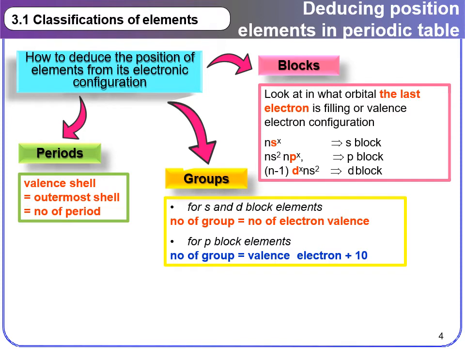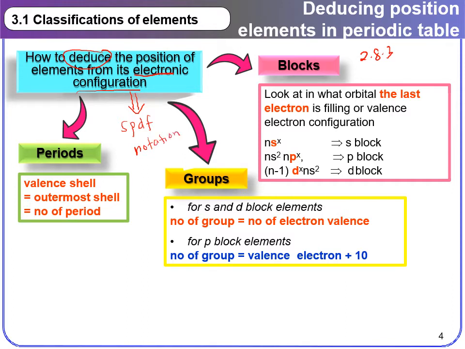Now, let's continue with how to deduce the position of an element from its electronic configuration. I believe you answered this kind of question during your SPM time, but last time your electronic configuration was in the form 2.8.3, for example. But here the electronic configuration given in the question is always in the spdf notation.